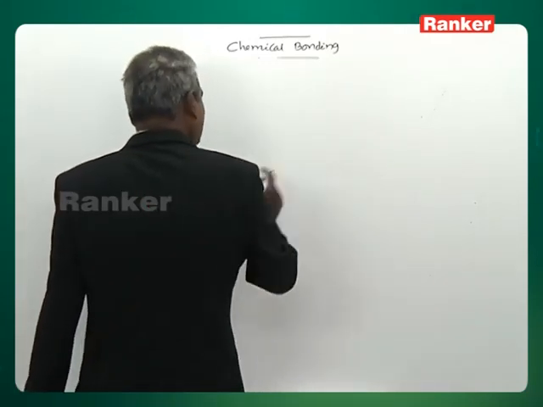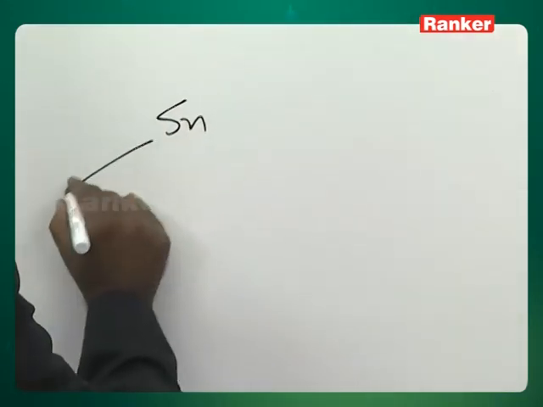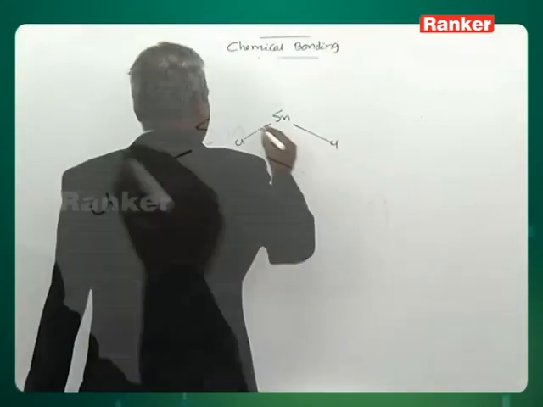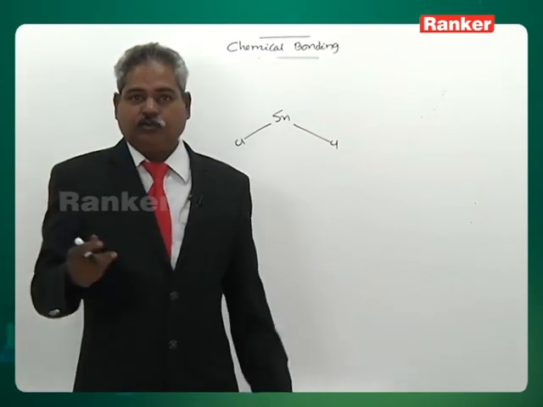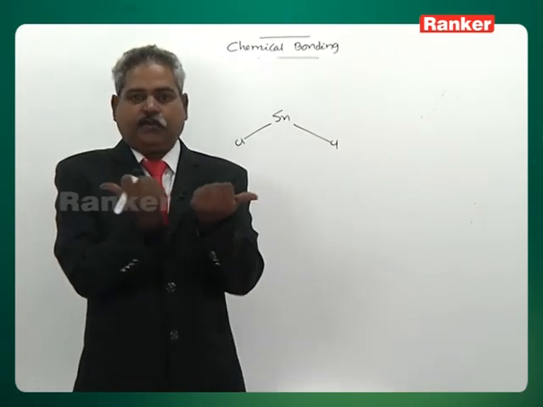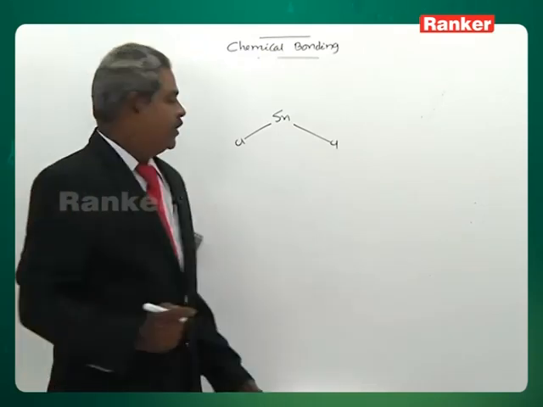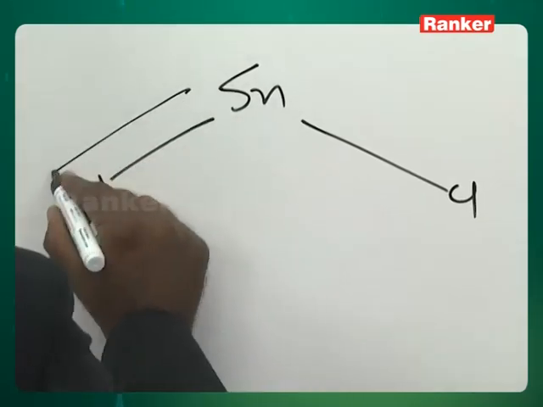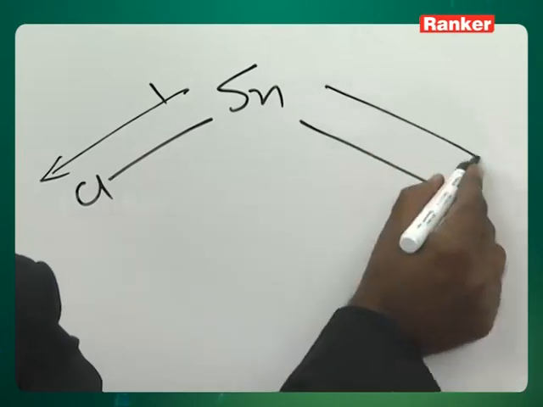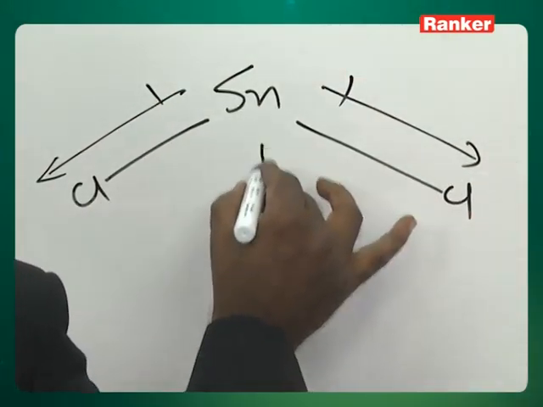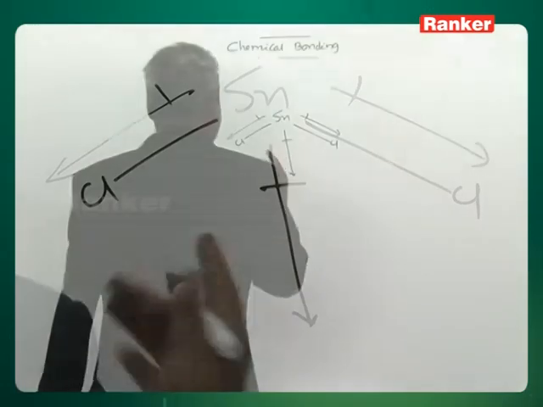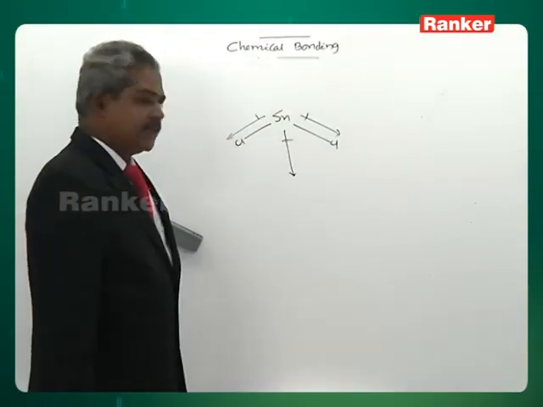When the forces do not cancel, consider SnCl2. That BeCl2 molecule was linear, therefore the two forces are acting in equal and opposite directions, therefore 0. Here, look at the direction of the dipoles in SnCl2. They don't cancel, and you know the resultants and vectors and all that. That's not necessary here.